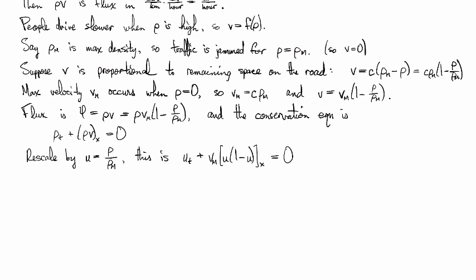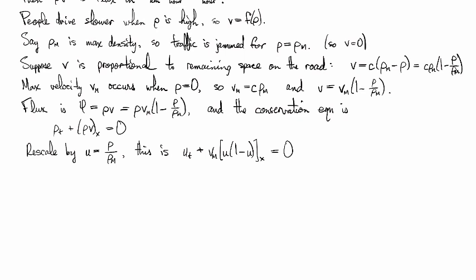If we work out that derivative, multiplying out the quantity inside the parentheses, you have u minus u squared, so that becomes 1 minus 2u. Then this is u_t plus Vmax (1 minus 2u) u_x equals 0 by chain rule.